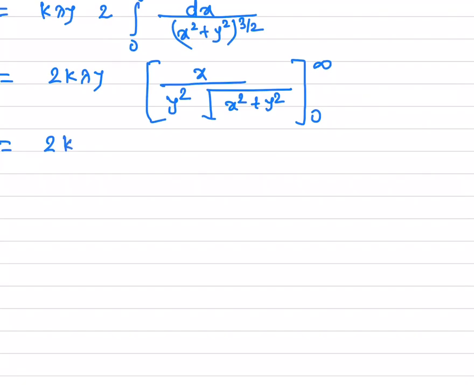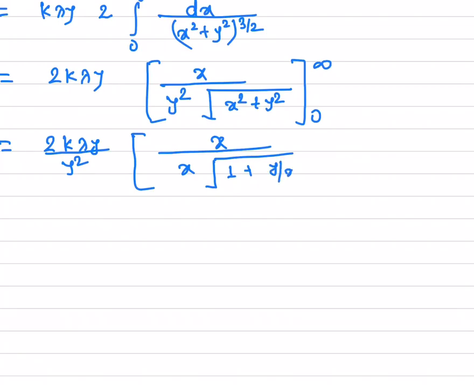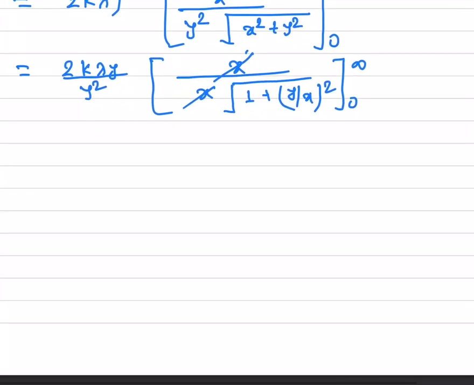Okay, so now 2k lambda y, and now what you have to do: this is y squared, so I'm taking it out, and I can take x out from the square root. If I do that, then what I get is the square root of 1 plus y over x squared, again from 0 to infinity.